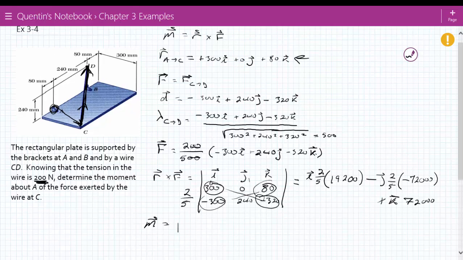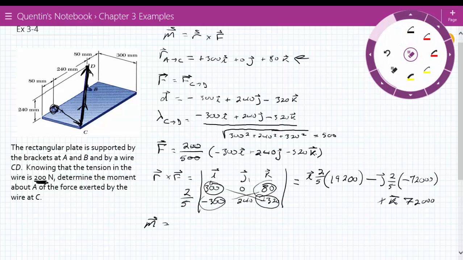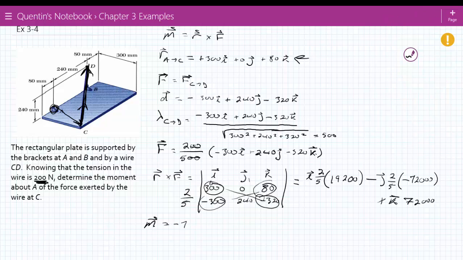Sorry about that, let's erase that. The moment is minus 7.68 in the i direction, plus 28.8 in the j direction, and plus 28.8 in the k direction. And all that is Newton meters.